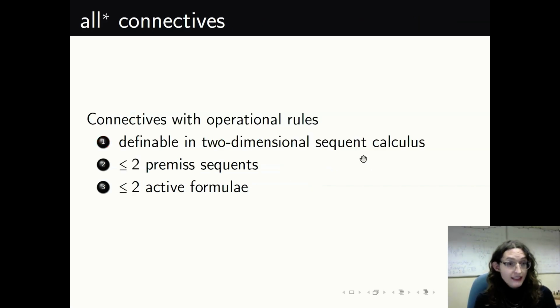Specifically for our case study, we want to look at the operational rules defining connectives, which can be defined in 2-dimensional sequent calculi and have at most 2 premise sequents and at most 2 active formulae. Now this first constraint here, the definability in 2-dimensional sequent calculi, this is a hard constraint.